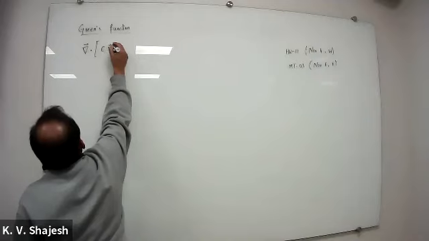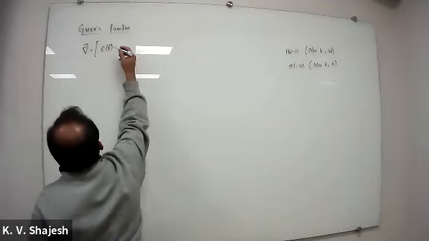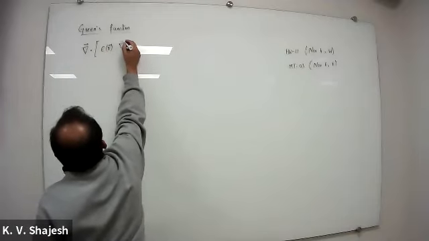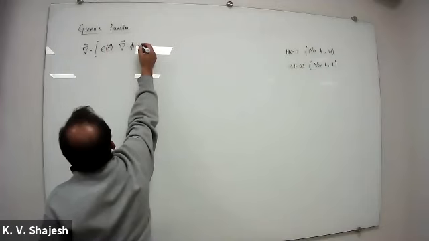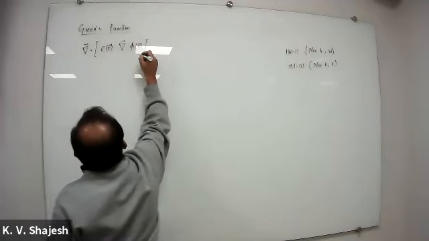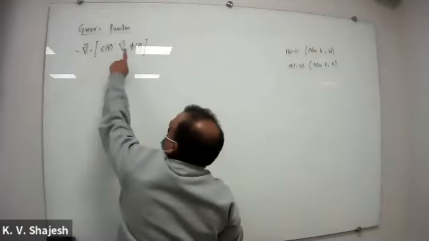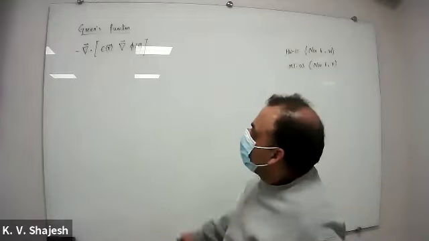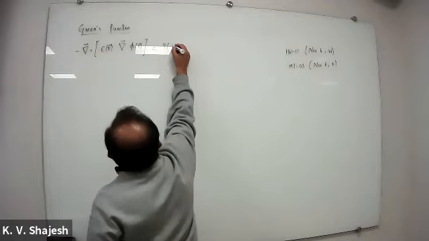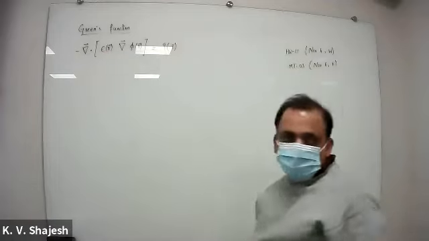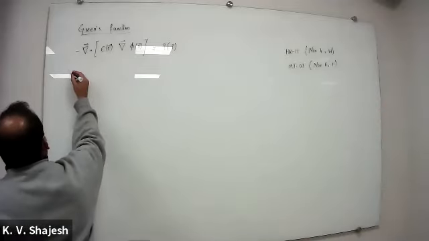This is the polarization, if you want, the dielectric function, which depends on the material. This is your electric field, correct? Epsilon times electric field, and electric field is the gradient of phi, so I have written everything in a single equation.